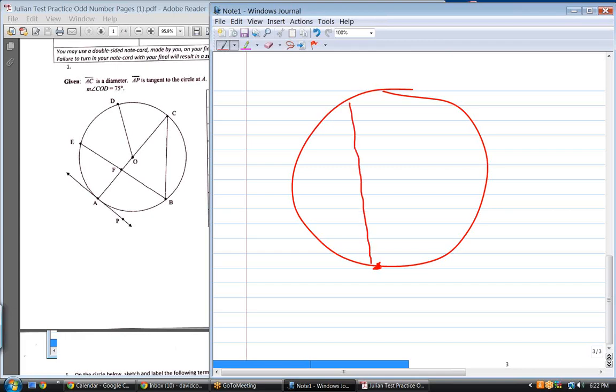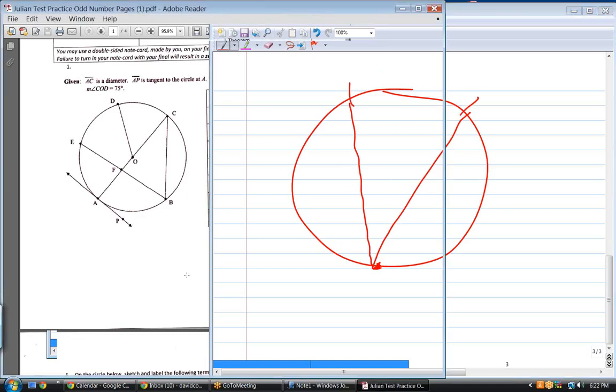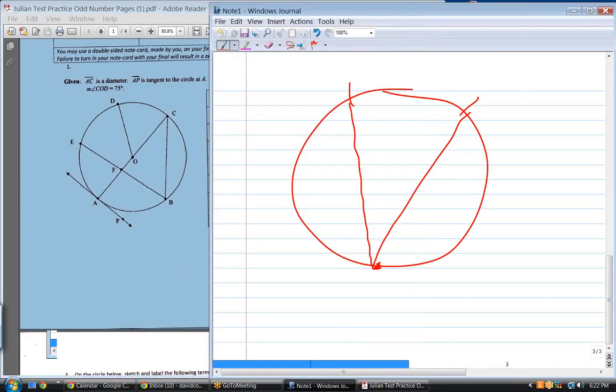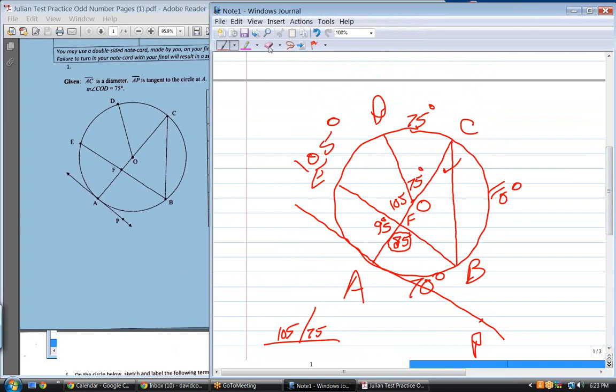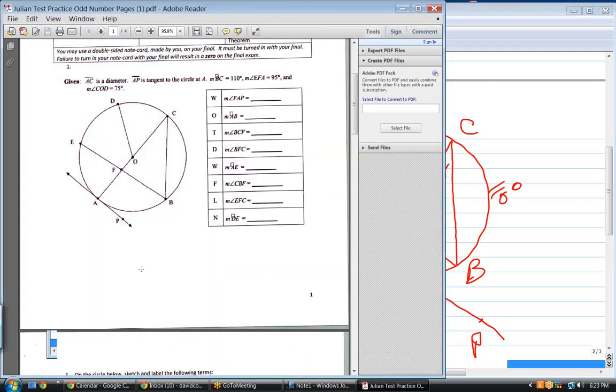You have this kind of thing going on, where I know the measurement of the arc. So what's that angle? 35. You got it. All right, that's easy. Once you get the hang of these, they are pretty easy. It's just a question of going through each one and labeling it. So that's 35.